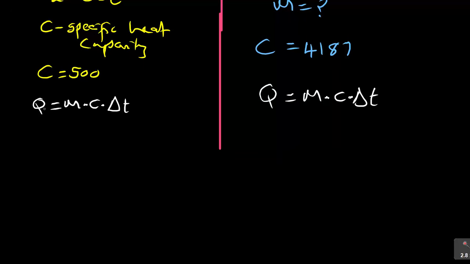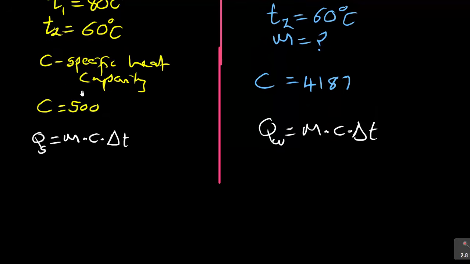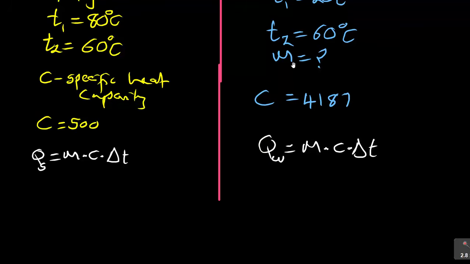So you can say Q of steel and Q of water, meaning the energy released from the steel and the energy gained by the water. Remember, the steel is releasing energy because it went from hot to cold, so it lost energy, but the water gained energy, so it is absorbing the energy from the steel.